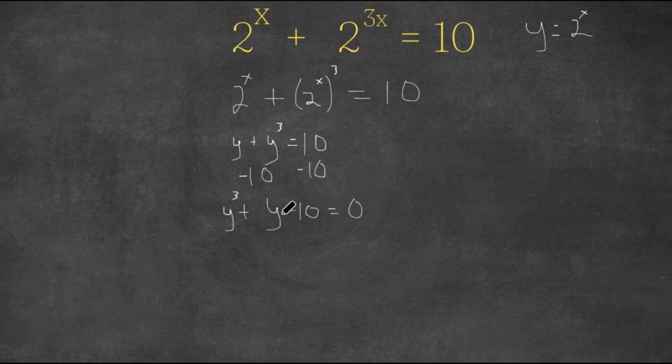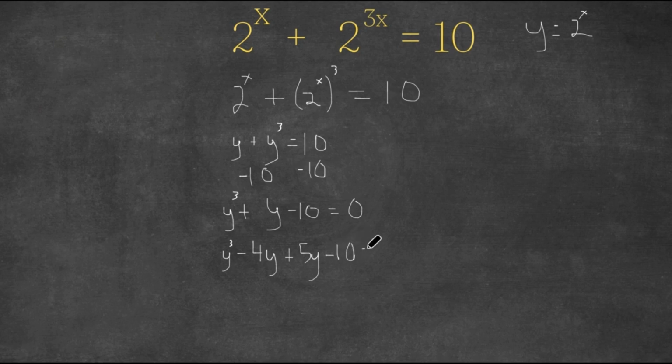So now, to factor this, we're going to rewrite the y as minus 4y plus 5y, and we still have the minus 10 here.